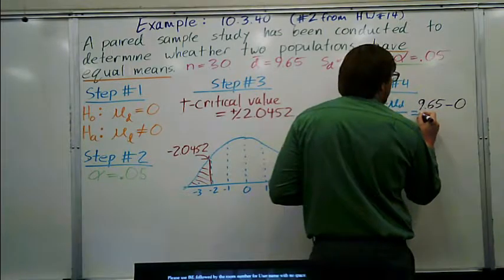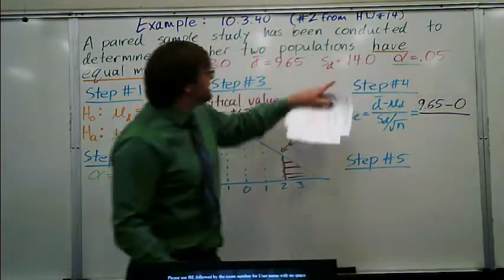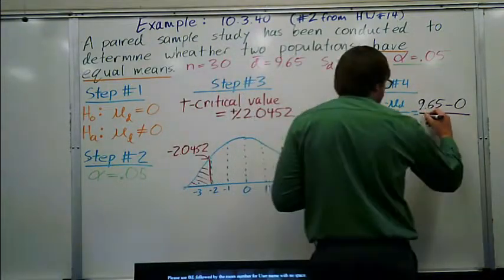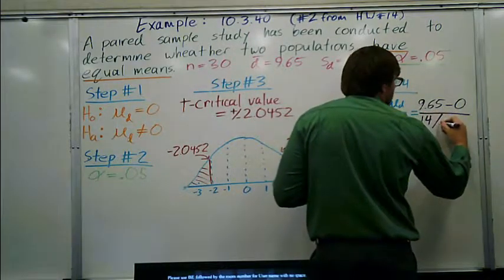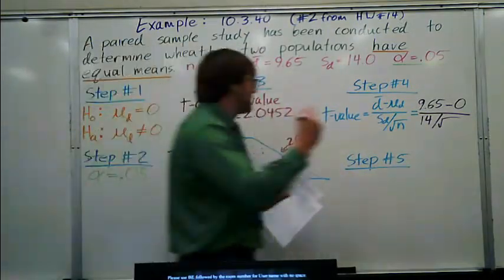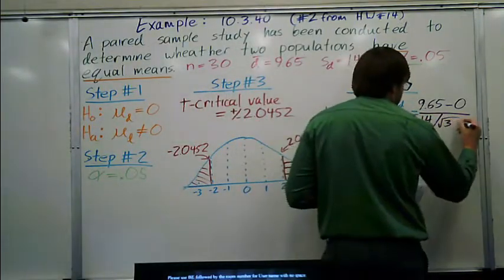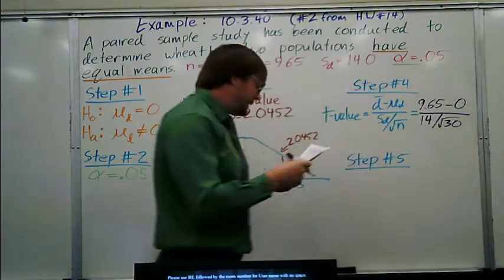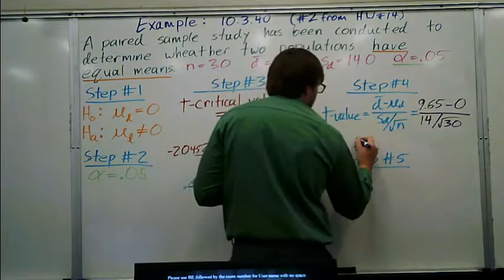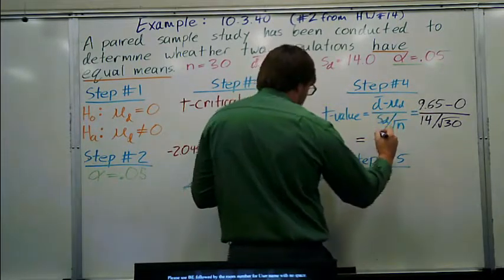And that's all divided by the standard deviation of the difference between sample means, or 14, divided by the square root of the sample size, in this case 30. And I get a t-test statistic of 3.78.